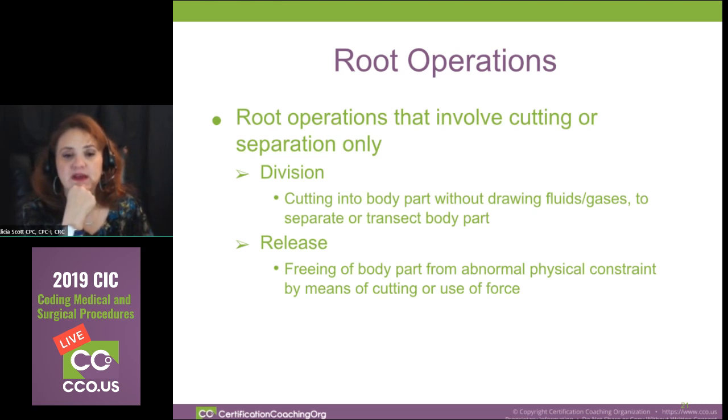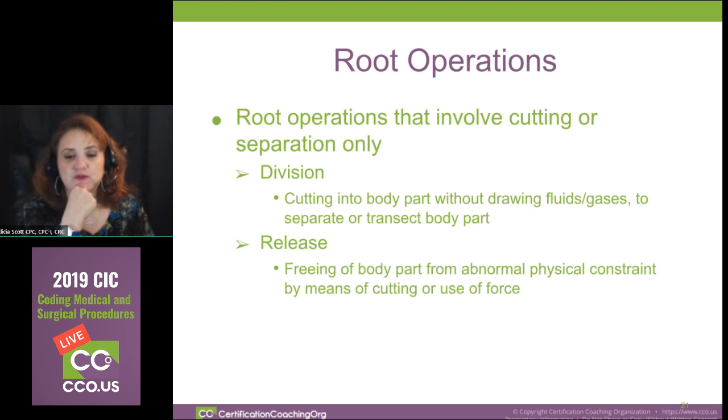I think that would be removing an appendix, right?